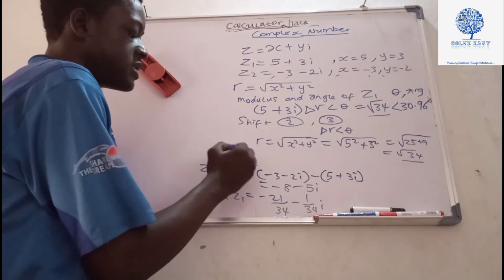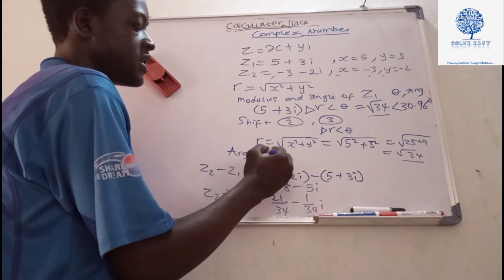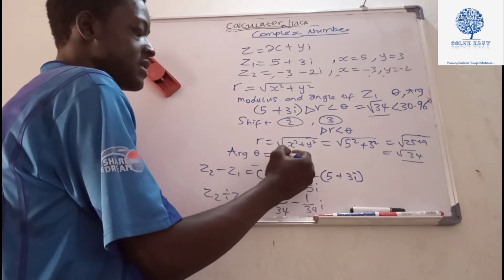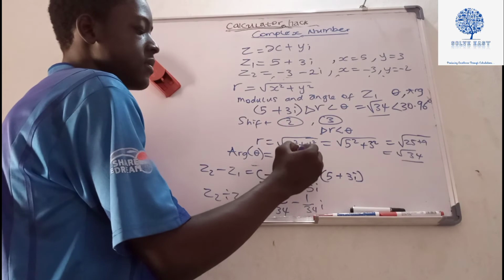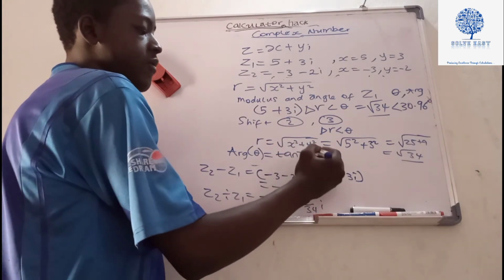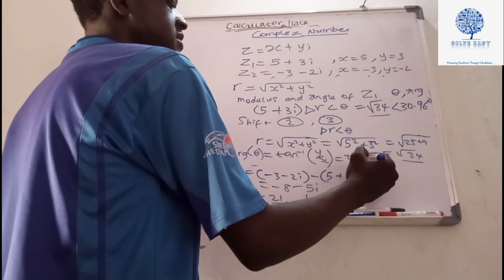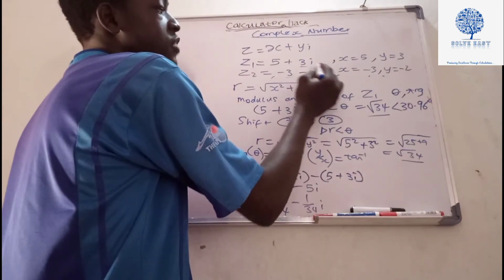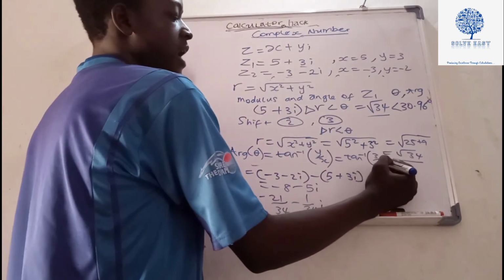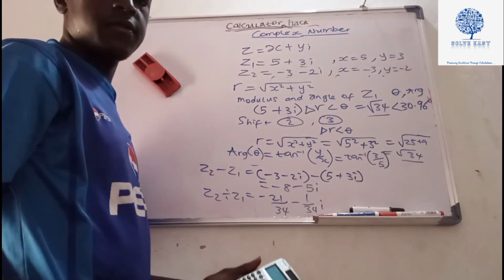Now our argument given as theta is equal to tan inverse of y over x. This gives us tan inverse of our y from here is 3 over our x which is 5.